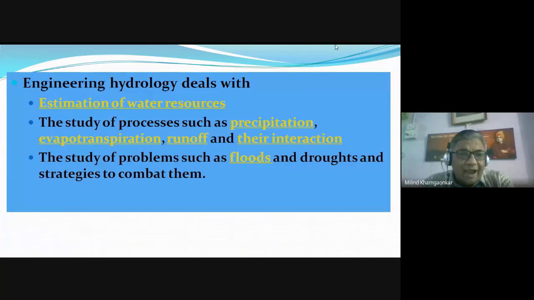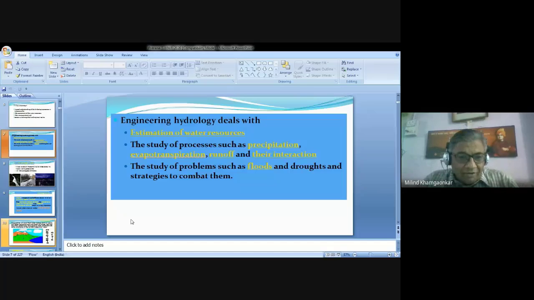Engineering hydrology deals with the estimation of water resources. The study includes precipitation, that is rainfall in our sense, evapotranspiration, that is evaporation and transpiration, the runoff, and how they are related to each other.